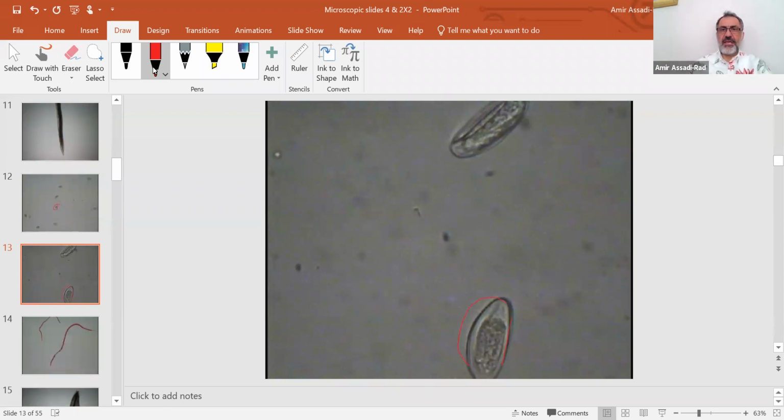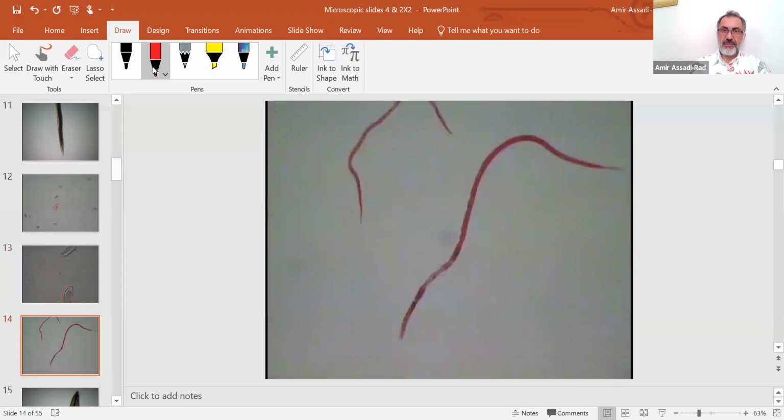Anyhow, I'm forgetting the names right now. This is your pinworm, and the scientific name, yes, you should know. It might dawn on me in a few minutes, but right now it's a pinworm. So make sure you know the scientific name as well.